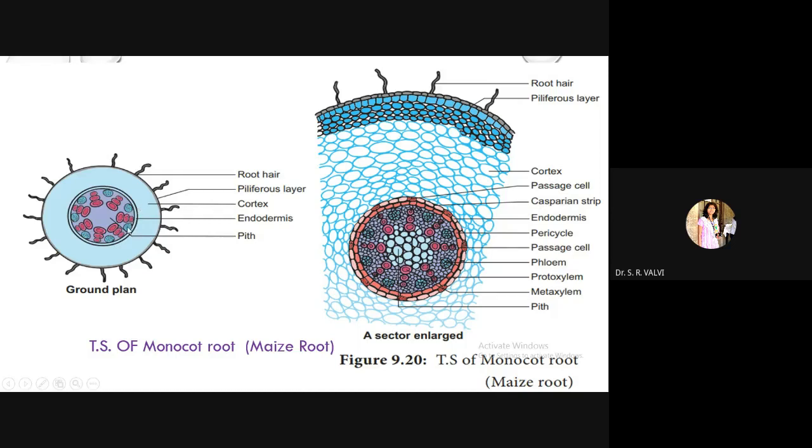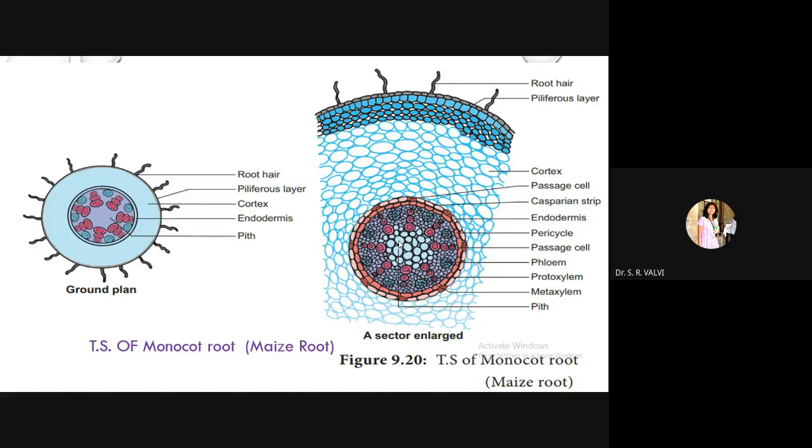So here, how many arcs are present? Depending on that we are going to call its name. Okay, vascular bundle, how many arcs are present? So here in this monocot root, in this maize root, count these arcs. See here in the enlarged section, a total of 8 patches are present. How many? 8. So you are going to call it octarch.